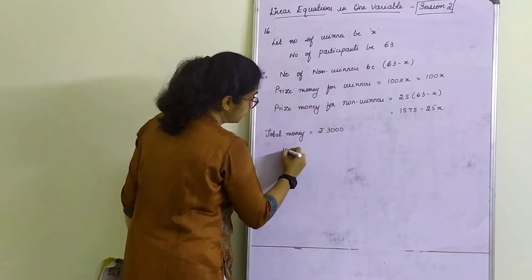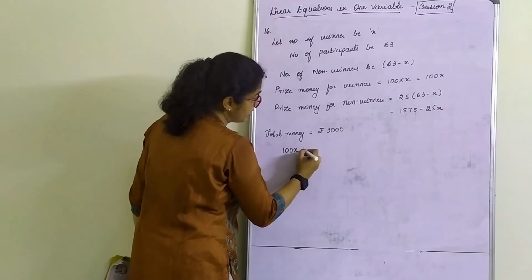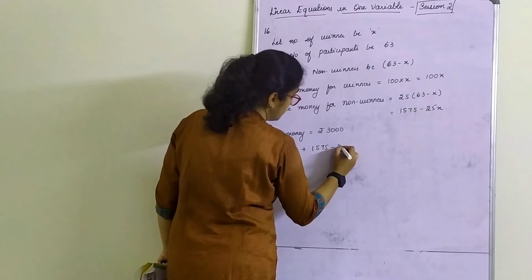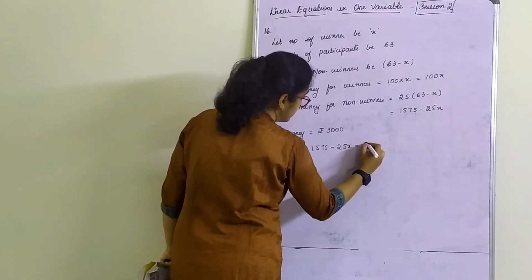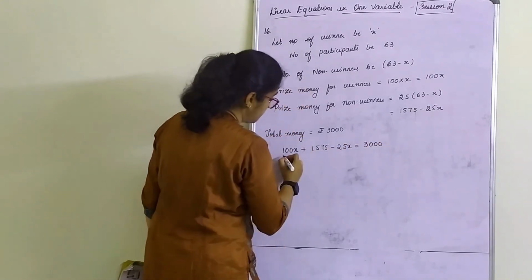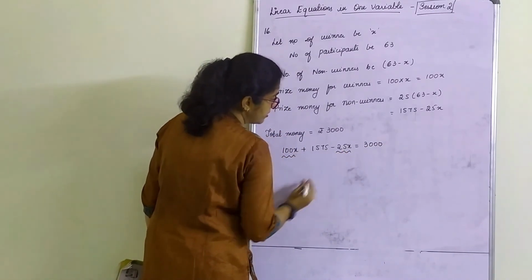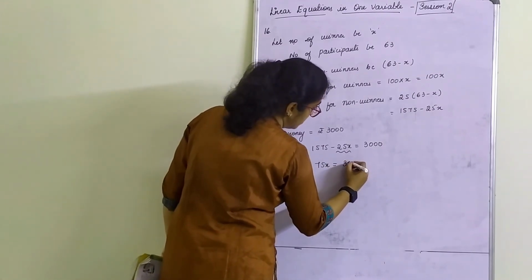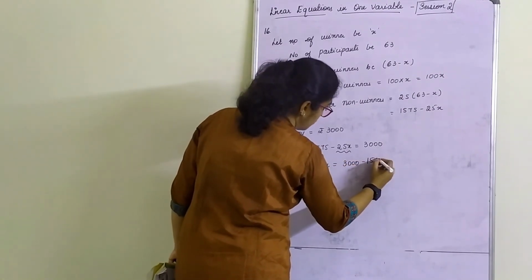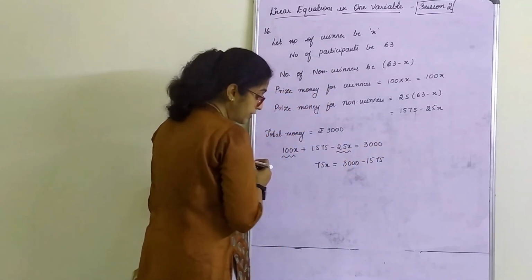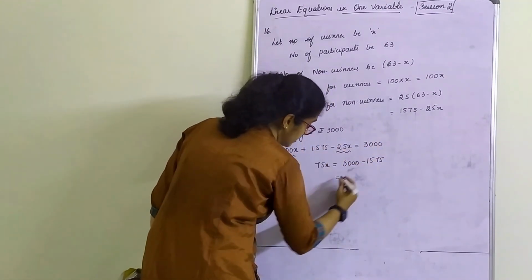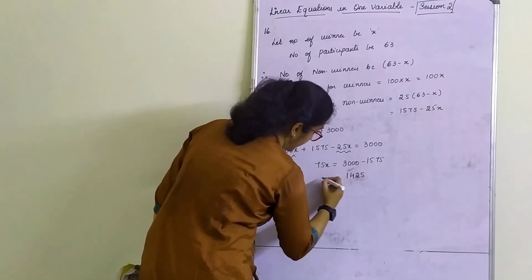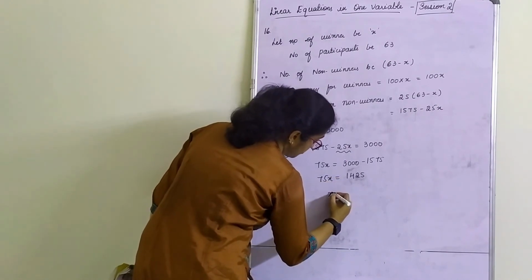The total money with respect to winners and non-winners will be 100x plus 1575 minus 25x is equal to 3000. 100x minus 25x is 75x is equal to 3000 minus 1575. When you subtract this, you get the answer as 1425. So 75x is equal to 1425.